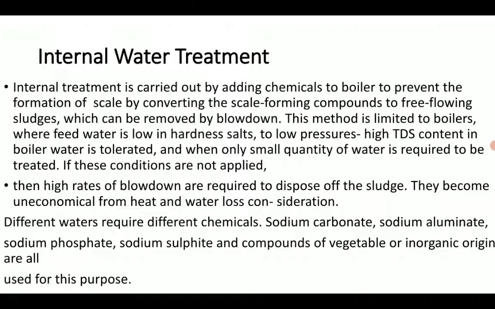Once scale is formed, it is slightly dissolved in the water and forms small pieces, which we call sludges, and these sludges can be removed through blowdown. This blowdown we have to make continuously. So high rates of blowdown are required to dispose of the sludges.